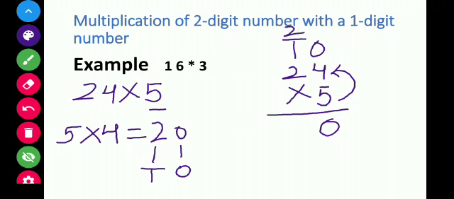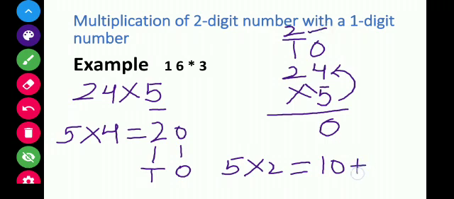Now read the table of 5 two times. 5 2s are, children, 10. And add this 2 with this 10. 10 plus 2 is equals to 12. Now you will write this 12 under tens. So the answer of 24 multiply 5 is equals to 120.